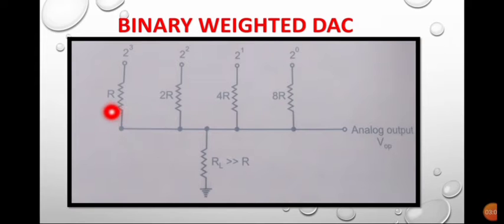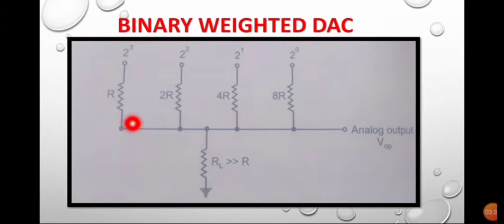Observe the resistors over here. We are using the resistors R, 2R, 4R, 8R. If the value of R is 1K, then it is 2K, 4K, and 8K. So it is 1 to 2, 2 to 4, 4 to 8, with RL, and here we get the analog output voltage VOP.